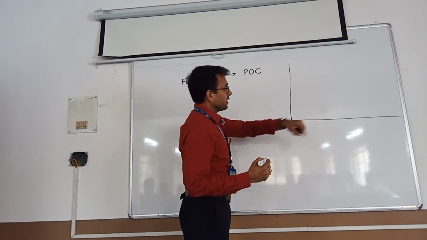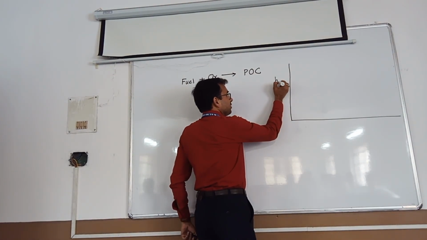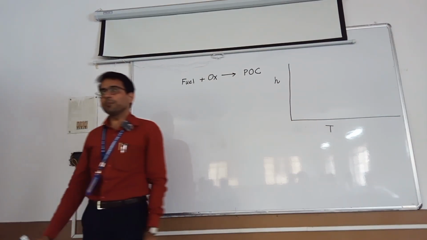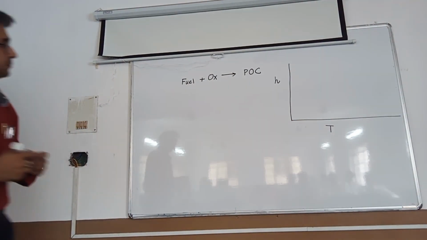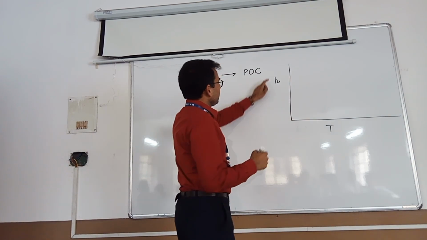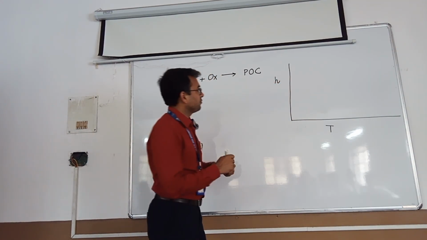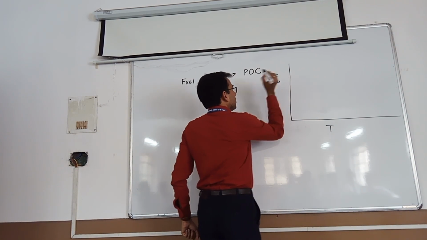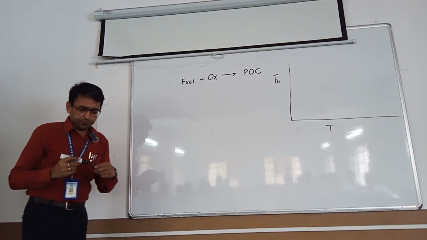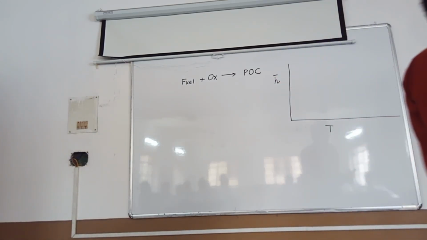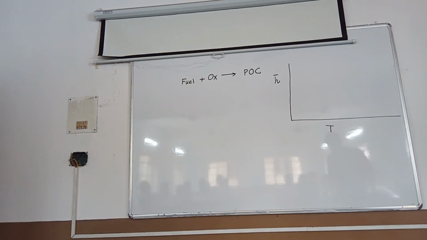So this is say an enthalpy diagram. Enthalpy on one axis, and this is temperature. It can be enthalpy per unit mole or enthalpy per unit mass, whatever. No problem.